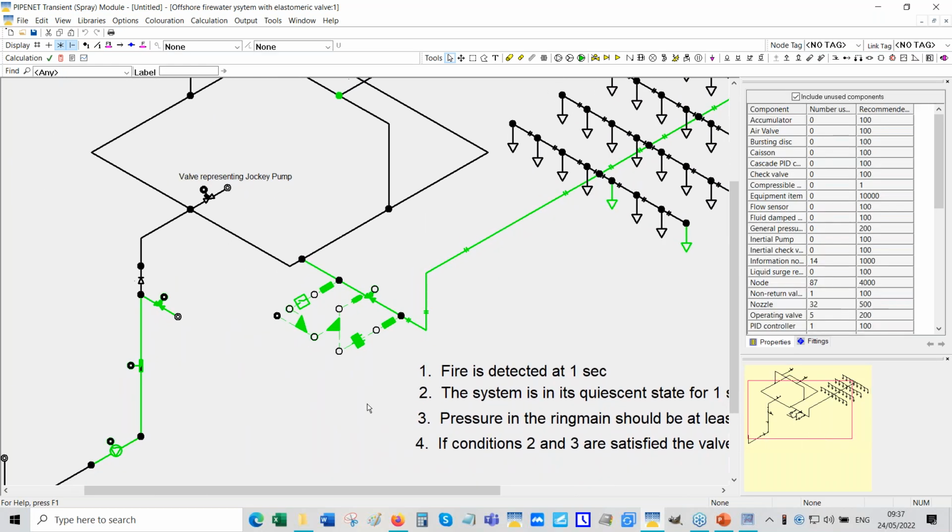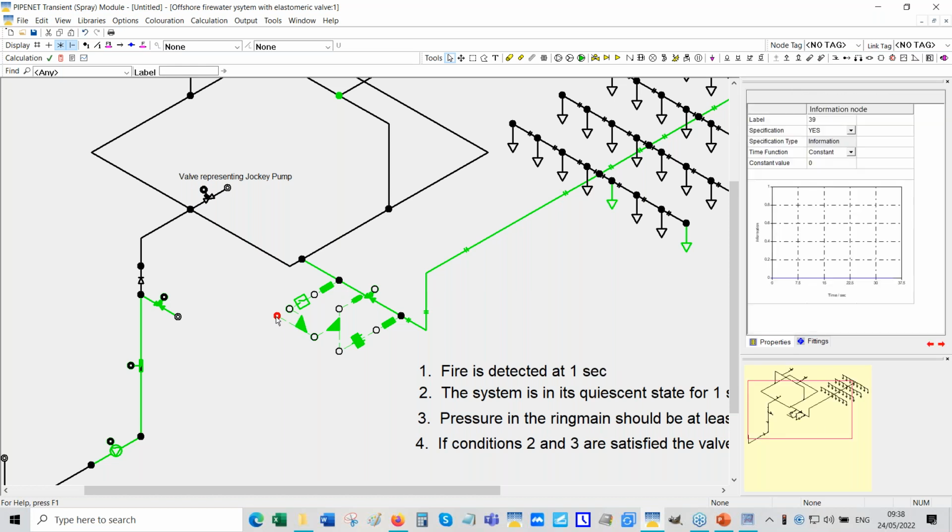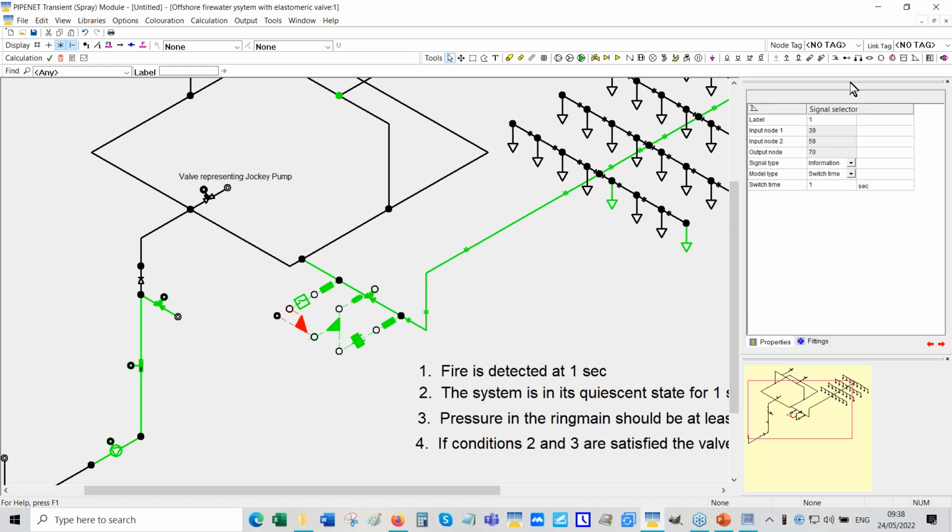how this is actually built. First thing, we've given a constant value. That's an information node. That's called a signal selector.